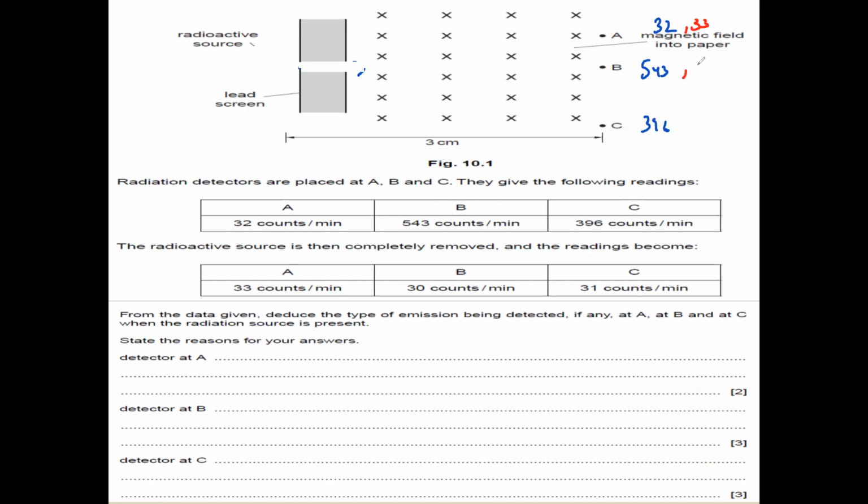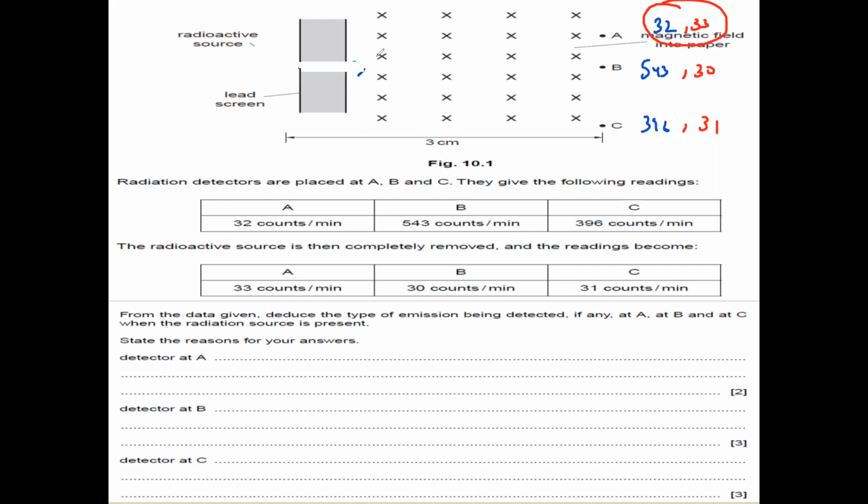For B, it decreases to 30, and for C, it decreases to 31. The question is, from the data, deduce the type of radiation emission being detected, if any, at A, B, and C. First, at A, there is no change before and after.